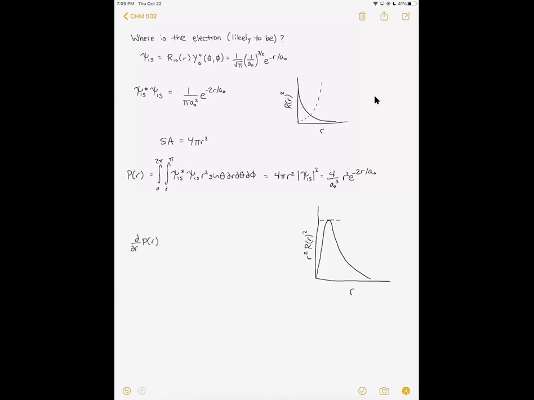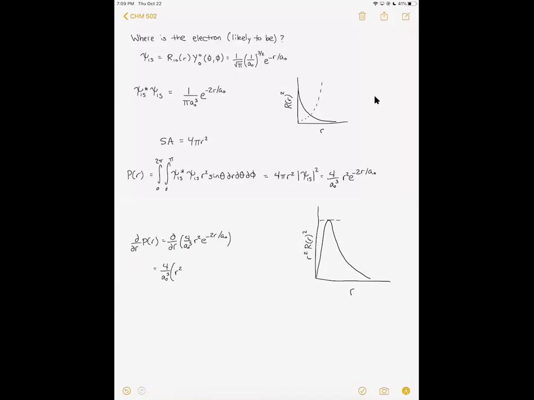So that's the derivative of 4 over a naught cubed times r squared e to the minus 2r over a naught. That's simply going to be 4 over a naught cubed, and then we do the product rule.